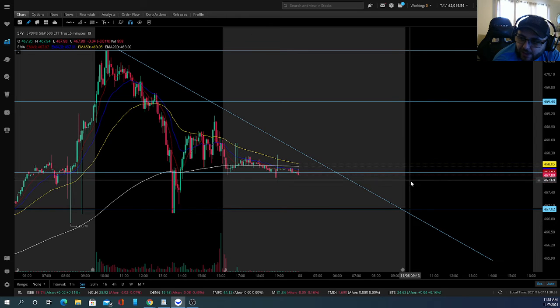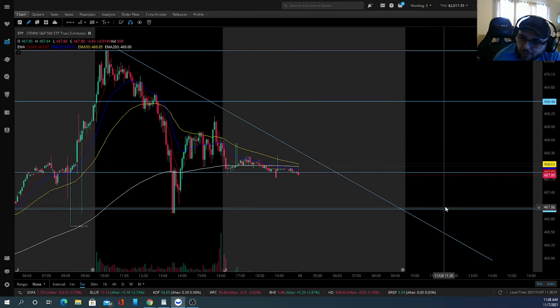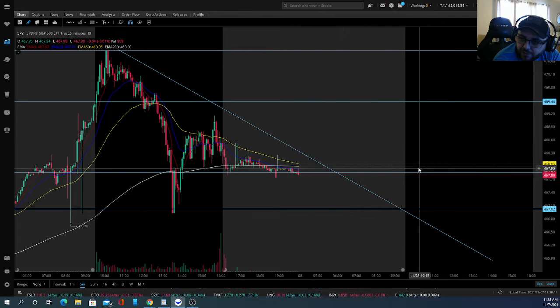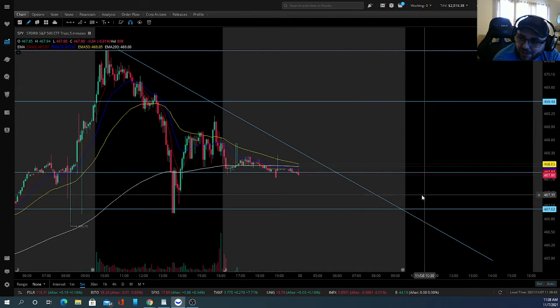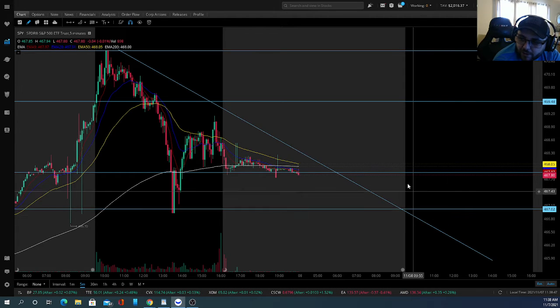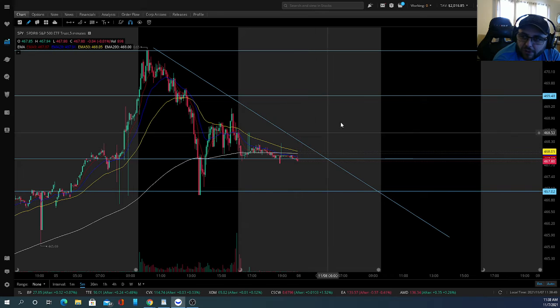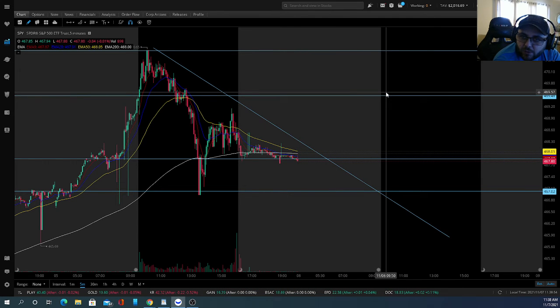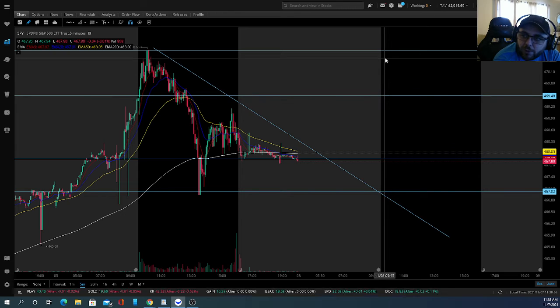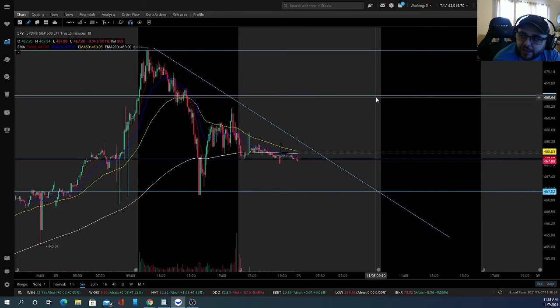But if it breaks down past this level, we want to see how it's going to react right here. So we're going to be setting up levels and waiting for confirmation on either level, because this is where maybe we want to get in on a 2-day contract. If the market gaps up to this level and we maintain it, and then it wants to rip up, you could take that trade from 469 to 470.